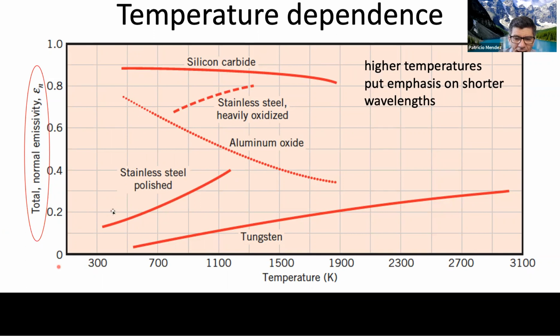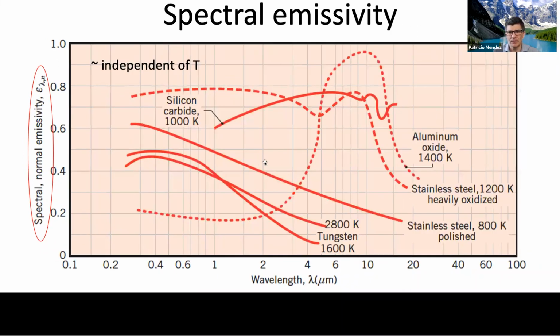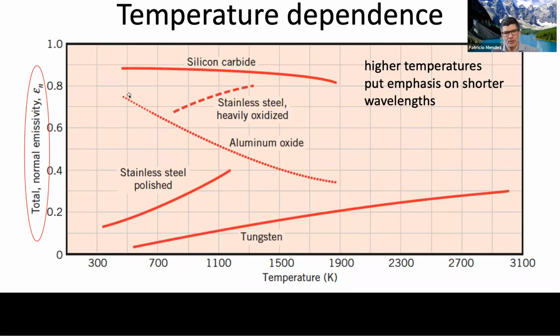That at higher temperatures, for things like stainless steel or tungsten, the emphasis is on the shorter wavelengths, as we have seen. And shorter wavelengths tended to have a higher emissivity. That's why for stainless steel or tungsten, we see it go up. Conversely, if you remember aluminum oxide, at longer wavelengths, that means lower temperatures, it used to be high. So we see in aluminum oxide the opposite behavior.